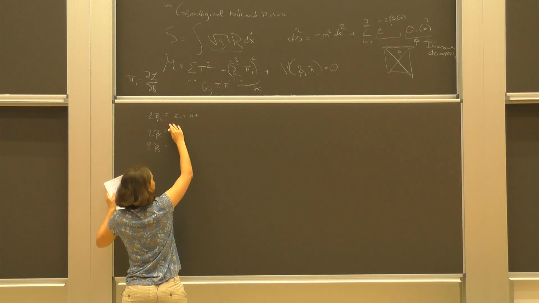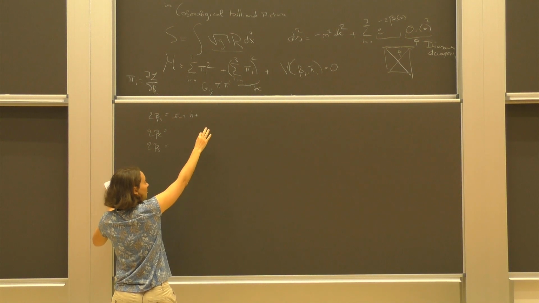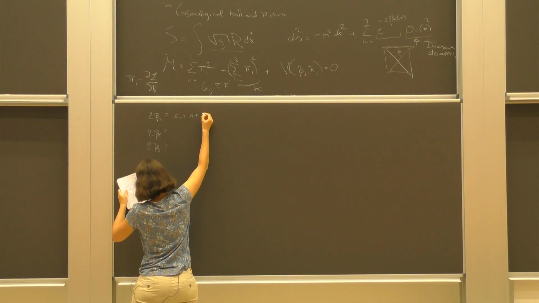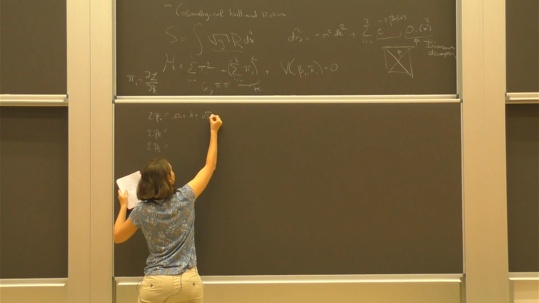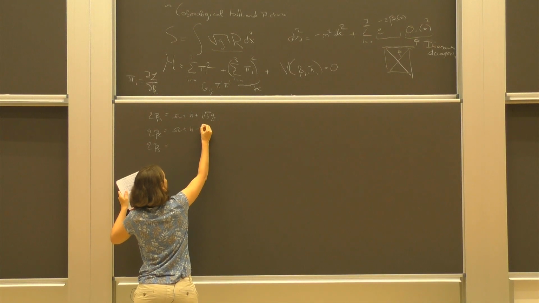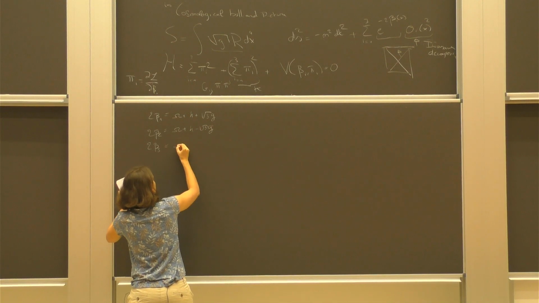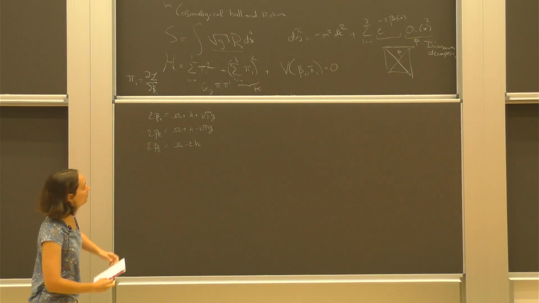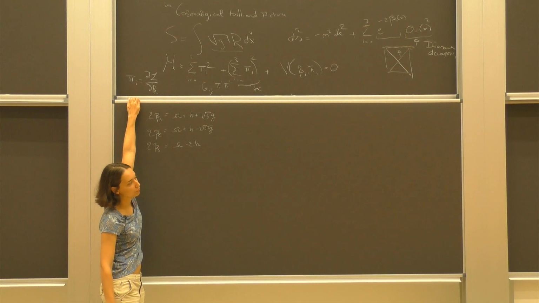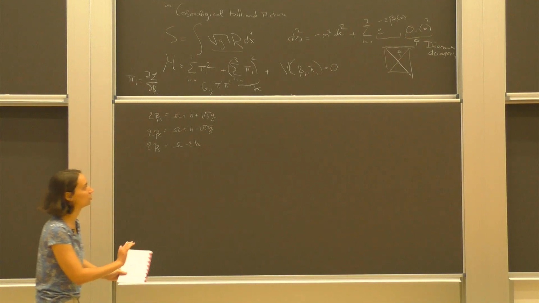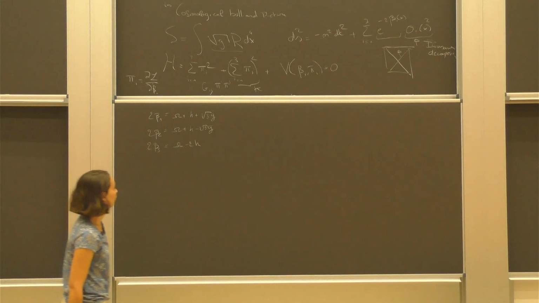So I'm introducing 3 new variables that I will exchange these betas for, and they look like this. Also, I might be making mistakes about factors of 2 or factors of i. Please don't hold that against me, but in the notes, I'll try to make everything right.